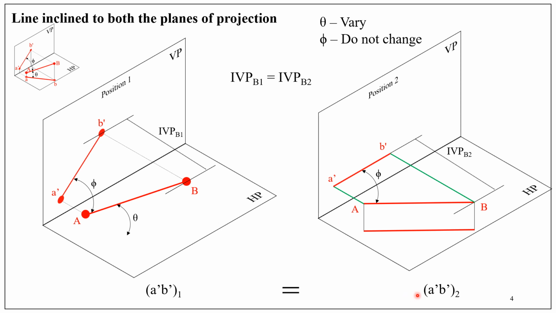A close observation will show you trapezium AB, B dash, A dash orientation is changed and not size. That means the length A dash, B dash and the distance of the points A and B in front of the vertical plane are one and the same in both the positions. This is because we varied only theta. Phi remains the same, it is unaltered.